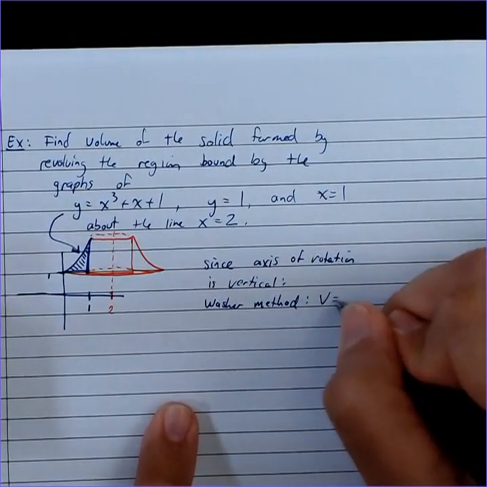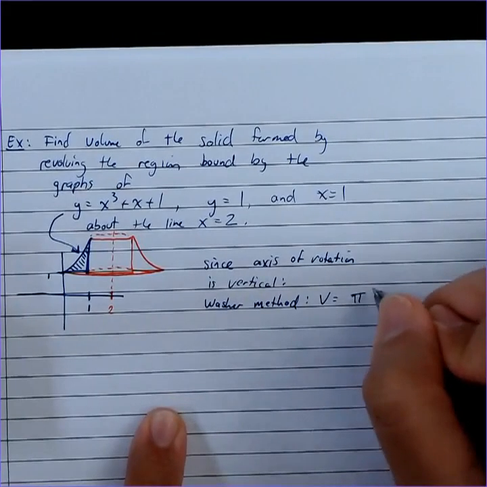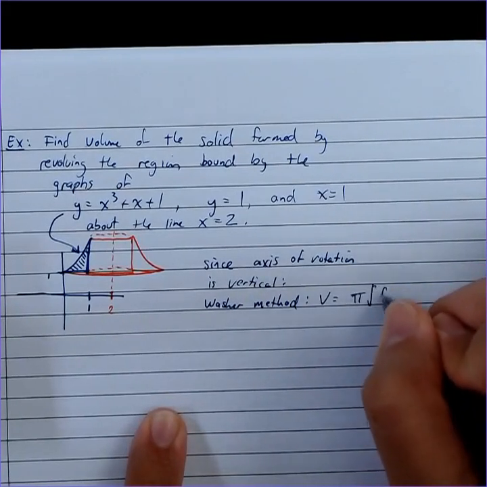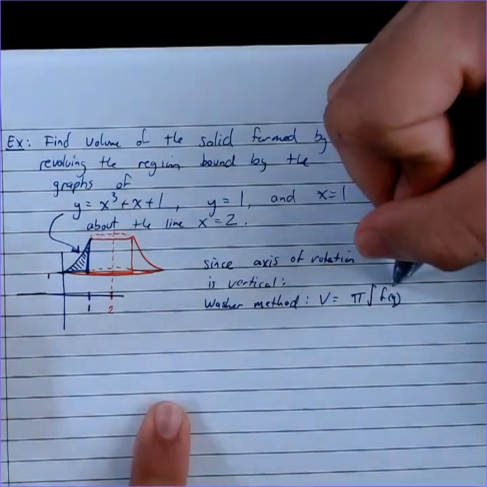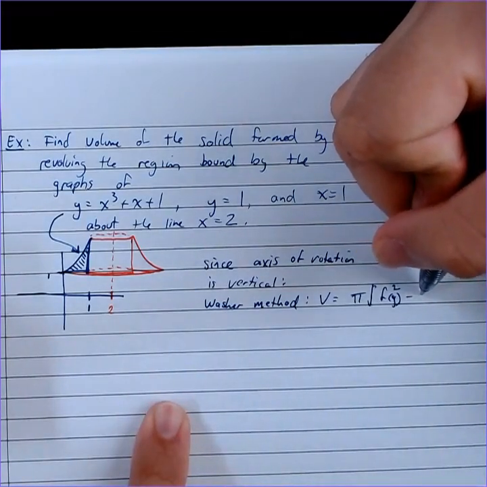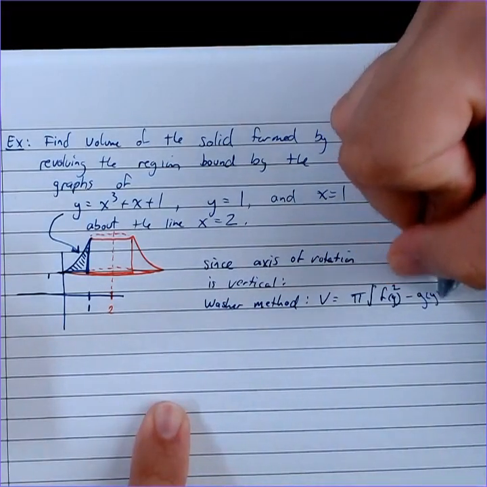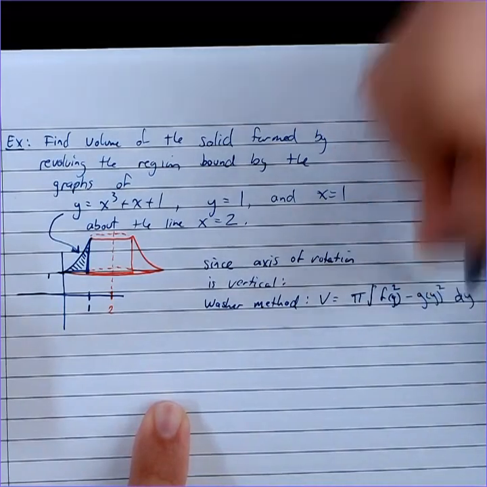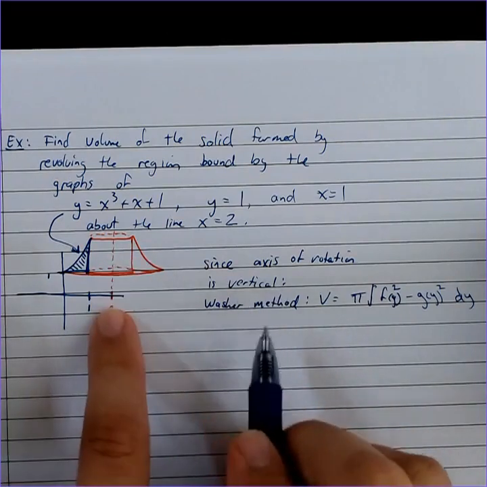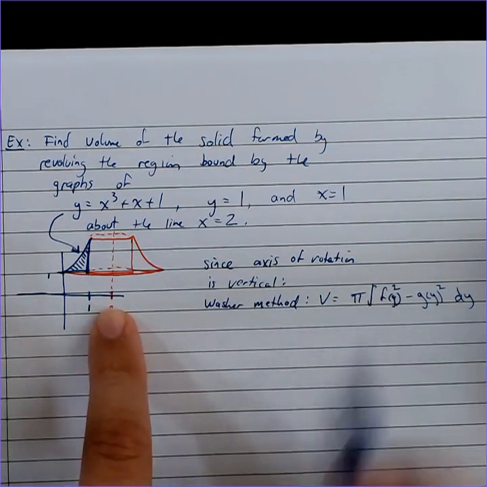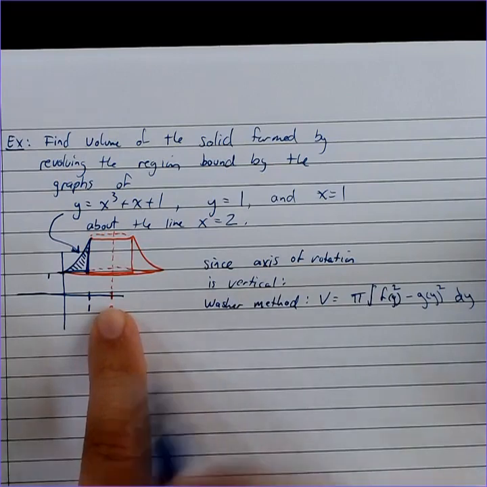It'll say volume is equal to pi integral of a function of y squared minus a function of y squared dy. So because the axis of rotation is vertical, the washer method has a function with respect to y.